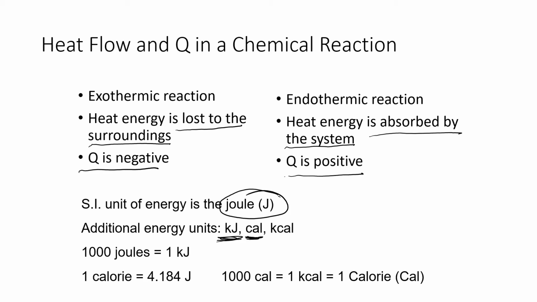Calorie, this is an energy calorie. And kilocalories. I already said 1,000 joules equals a kilojoule, but 1 energy calorie equals 4.184 joules. You should know this, and of course, you should be able to discern this because of the prefix kilo.